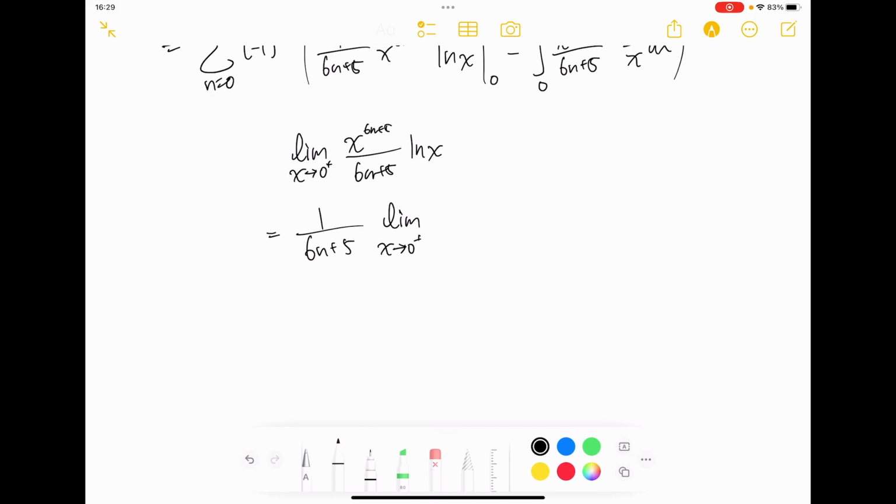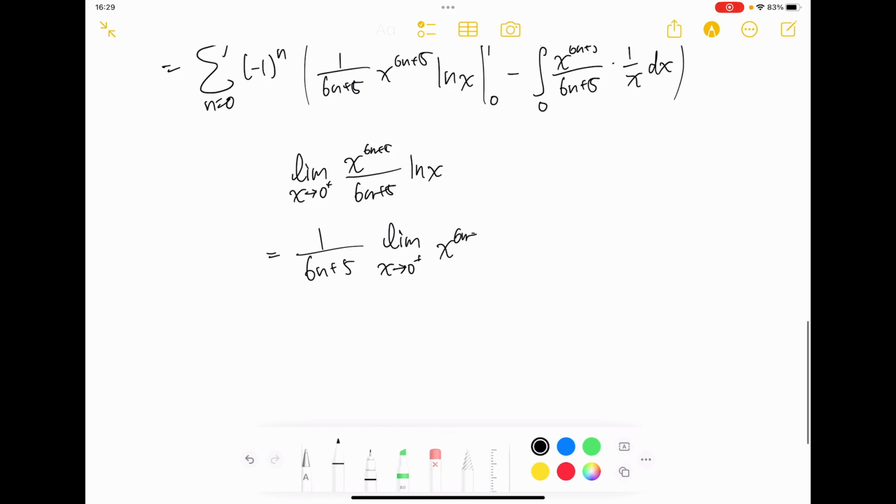We are going to write this expression as a fraction, putting this into the denominator of the denominator. If I write it out, it will make sense. So natural log of x divided by 1 over x to the 6n plus 5. So I've essentially reciprocated it twice, and that doesn't change anything.